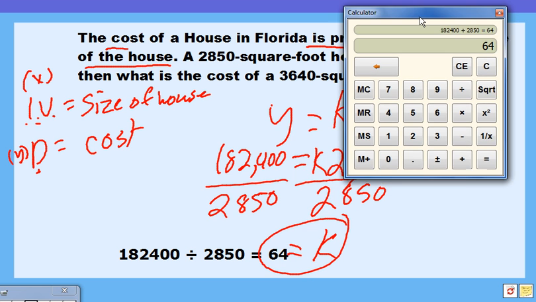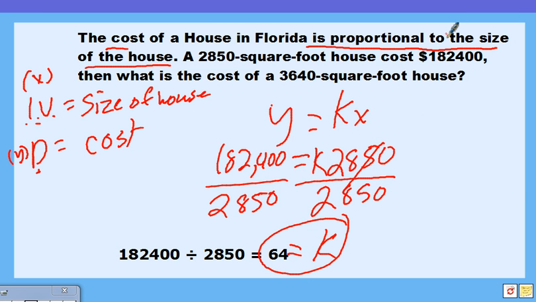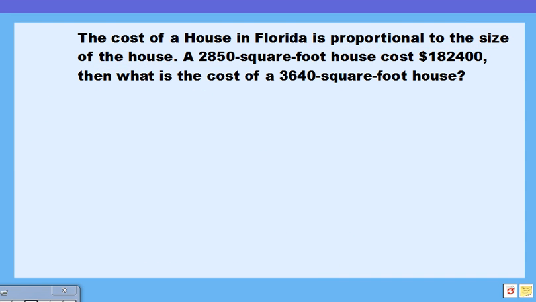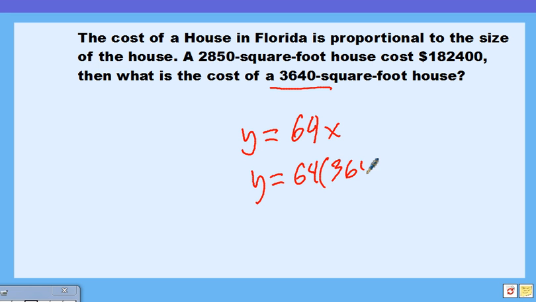Why do I need to know that? Well, now that I know that the price per square foot is $64, I am going to use that to figure out the cost of a house with 3,640. So y is equal to 64x. Y is equal to 64 times 3,640.